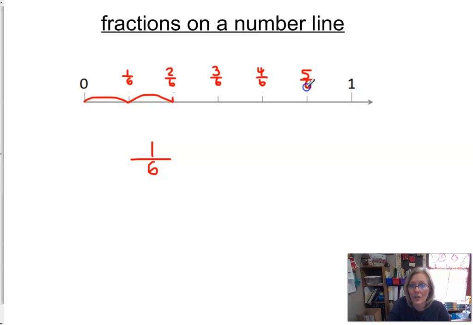And what's cool is I could label this with a fraction too, and this would be 6/6. And if your numerator is the same as your denominator, you have a whole thing. And we do. We ended up on the number 1. So that's how we have fractions on a number line. You count the spaces and then label the lines on your number line.